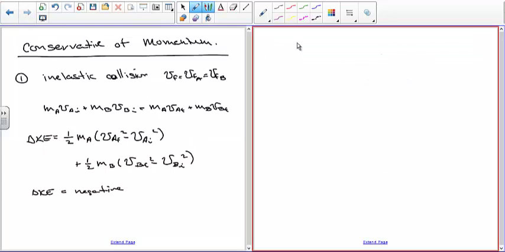Okay, the next one is an elastic collision, which means that they don't end up with the same final velocity. So v final A does not equal v final B, 99% of the time.